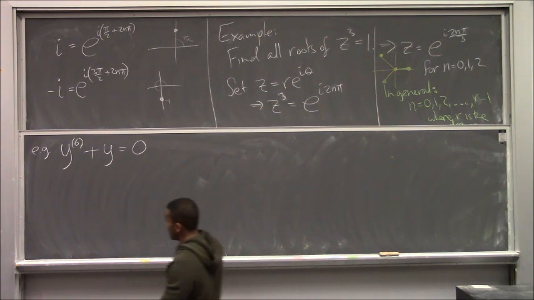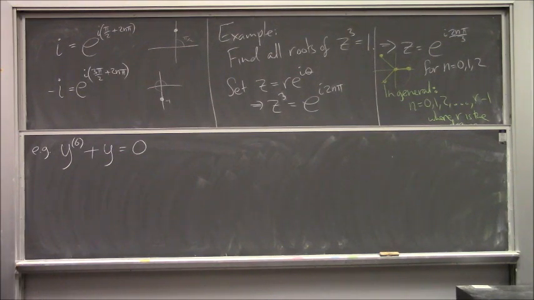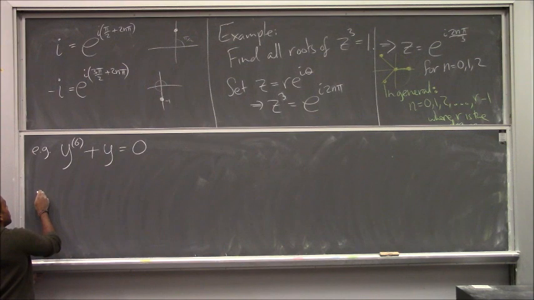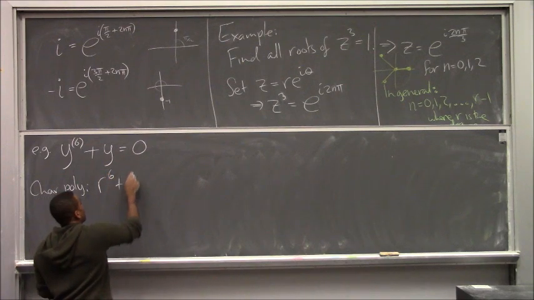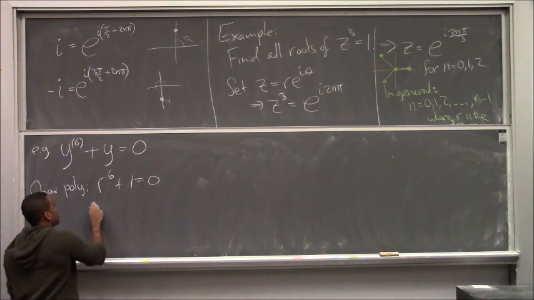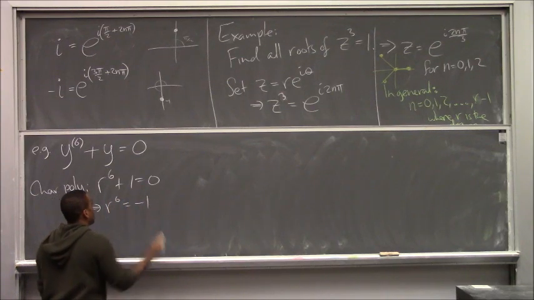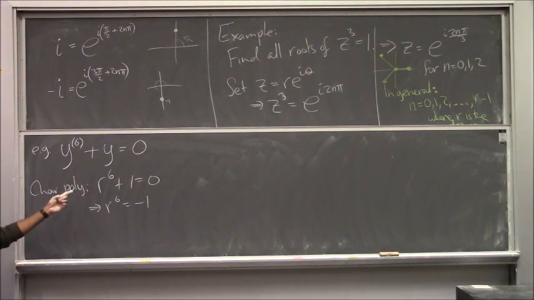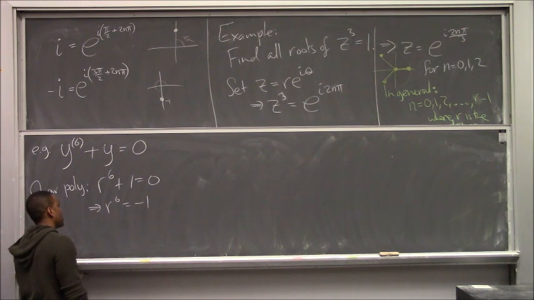So we would say here, the characteristic polynomial is going to be r to the 6th plus 1 equals 0. This means that r to the 6th equals minus 1. Now, yes, I could think of that as r squared cubed and think of it as the sum of cubes formula, but we're doing another way.